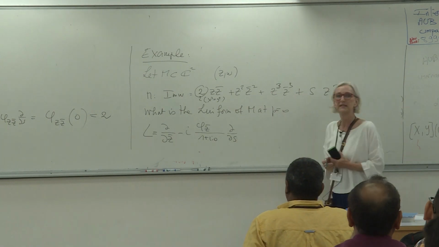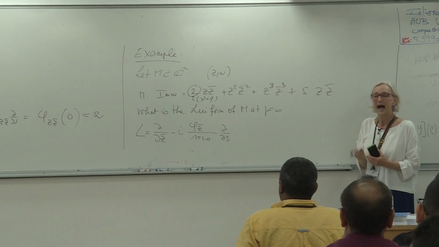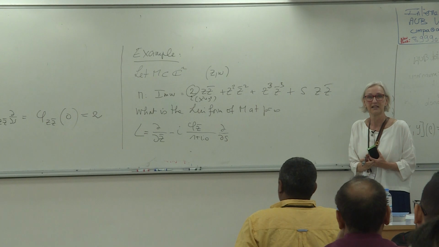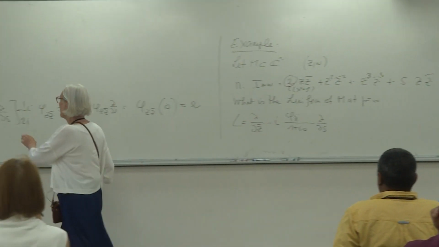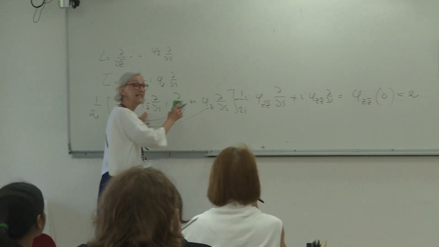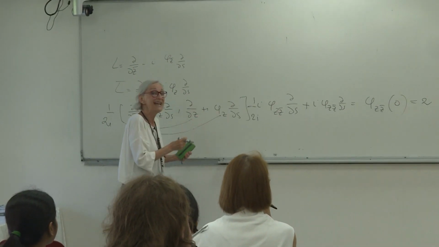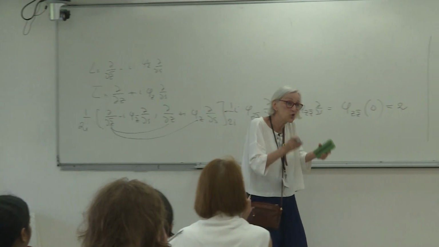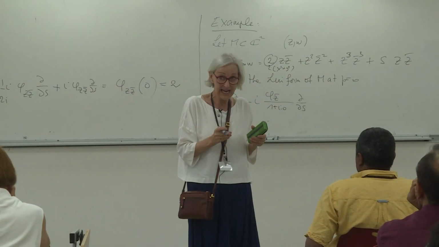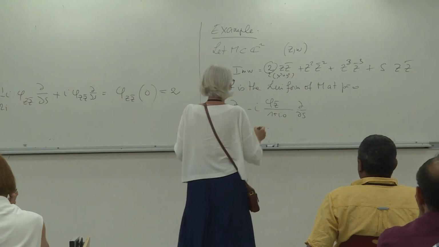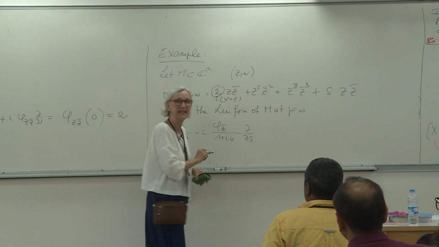Even like that. At 0, what do you think? It's going to be the same. Why? Because you have φ_{z̄} ∂/∂s, and φ_{z̄} at 0 is 0, because you choose a good system of coordinates.